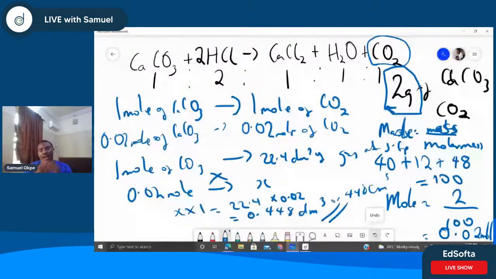Also understand that 1 mole of a gas is 22.4 dm cube at STP, and Avogadro's constant too, where 1 mole of any substance contains 6.02 times 10 raised to the power 23 atoms, particles, electrons, or neutrons, as the case may be. So let's move on.